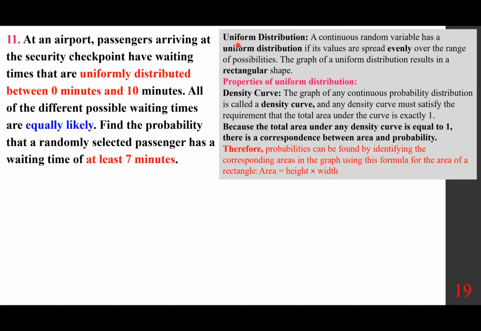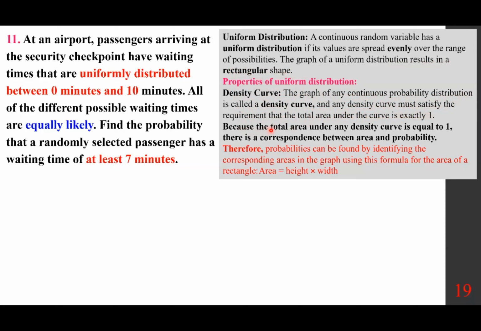A continuous random variable has a uniform distribution if its values are spread evenly over the range of possibilities. The graph of a uniform distribution results in a rectangular shape. Properties of uniform distribution. Density curve. The graph of any continuous probability distribution is called the density curve, and any density curve must satisfy the requirement that the total area under the curve is exactly 1.